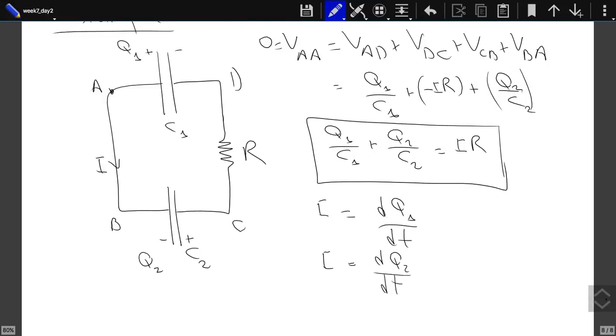Let's say I is positive. If I is positive, the charge in C1, is it increasing or decreasing? If I is positive, Q1 is decreasing, which means the derivative of Q1 with time is negative. So if I is positive, dQ1 by dt is negative. So if I want to have this equality, I should have a minus sign.